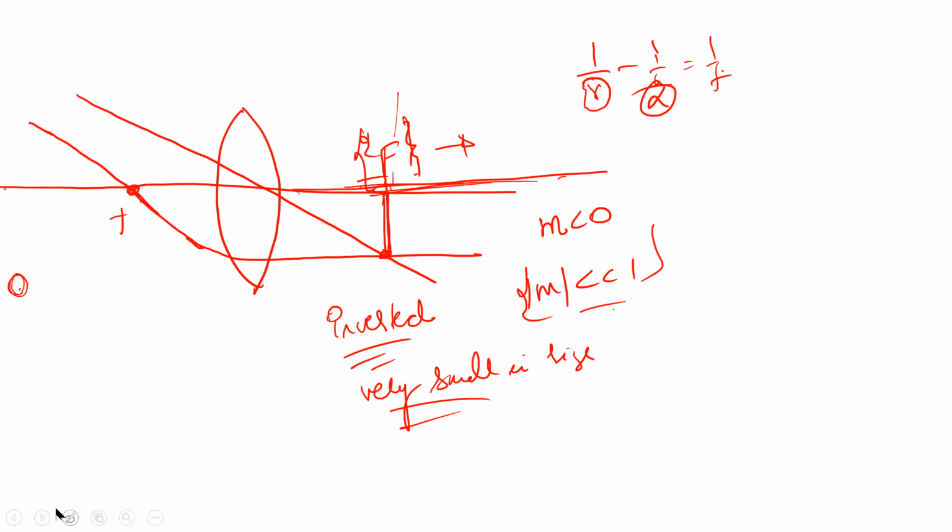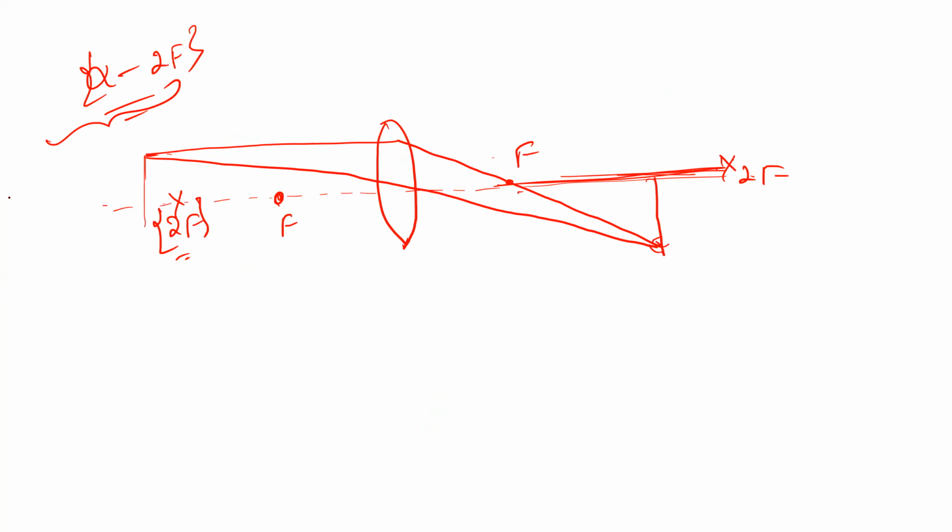But it will be an inverted image here. So when the object is between infinite and 2f, you can draw a light ray parallel to the principal axis, which will pass through the focus, and another ray through the optical center, and it will meet at this point. Here the image will be formed, between the focal length and 2f. Here also magnification magnitude is less than 1 and m is less than 0, that is a negative value.